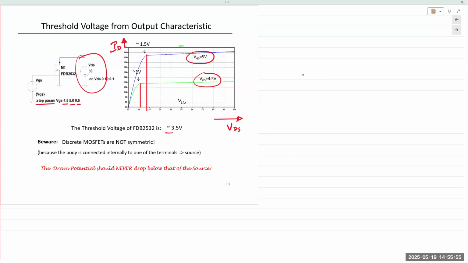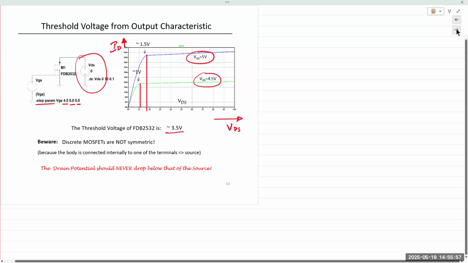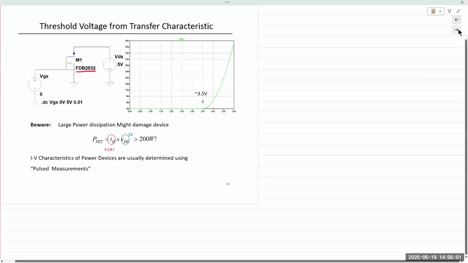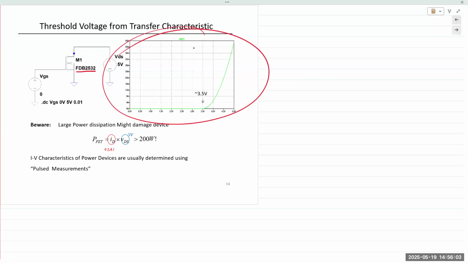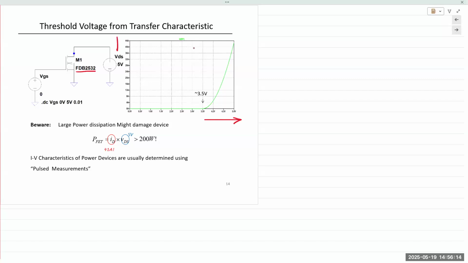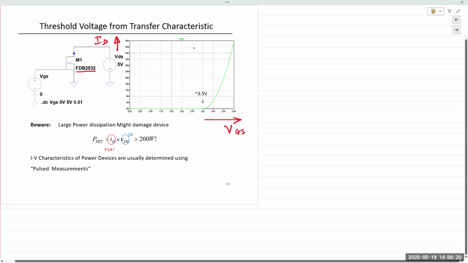So 3.5 volts. We can also extract some information from the transfer characteristic. I believe we spoke about this a little bit for the BJT also. It shows a plot of ID as a function of input voltage VGS.